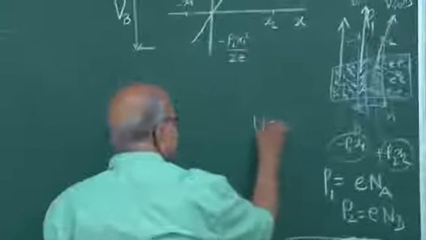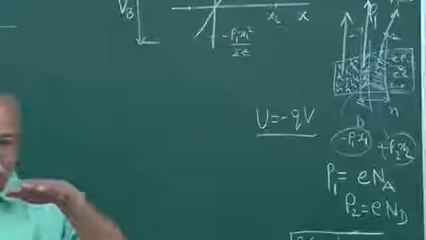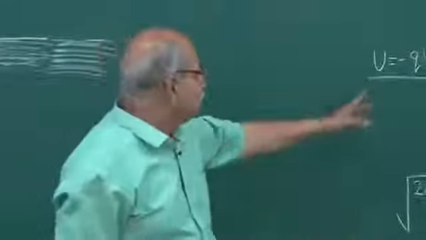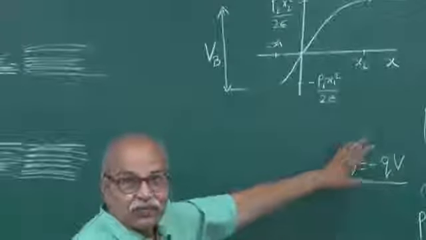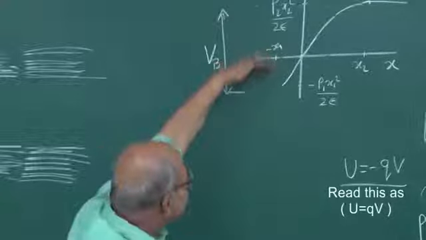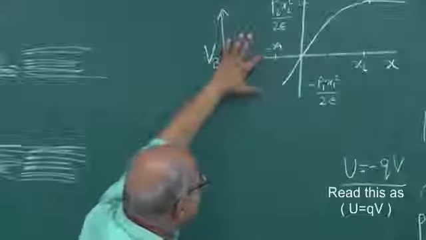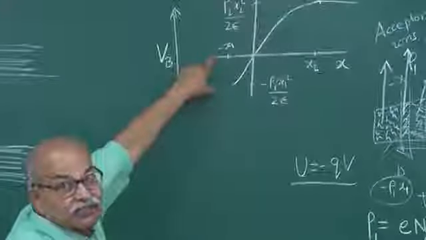Energy is Q times V. So if you have an energy level somewhere and then this extra energy is imposed, that much shift will be there. Since the potential here has gone down, the energy will go up, each energy level will go up by Q times this amount.